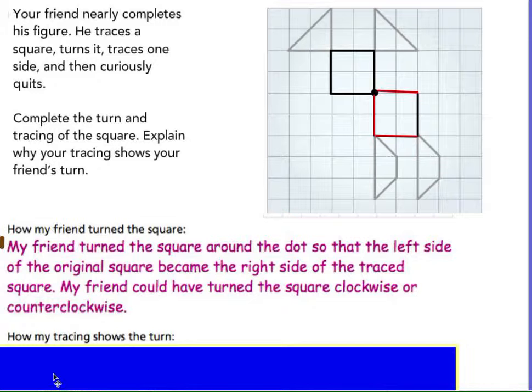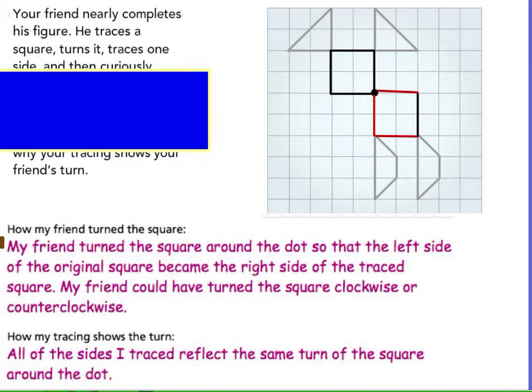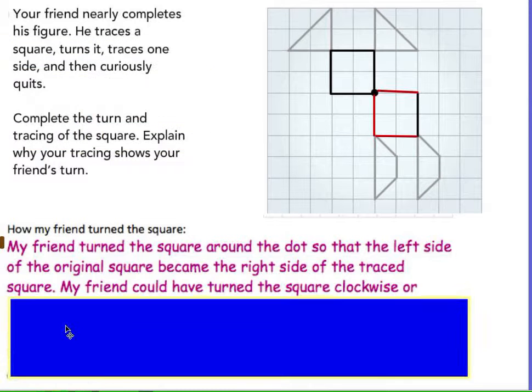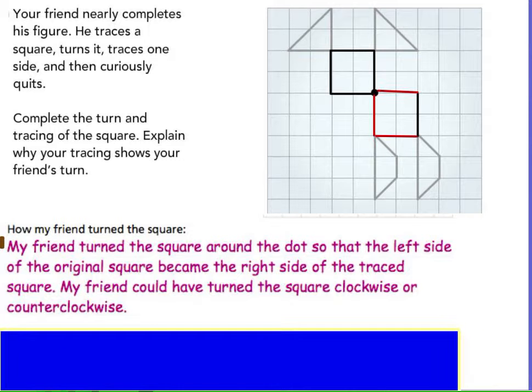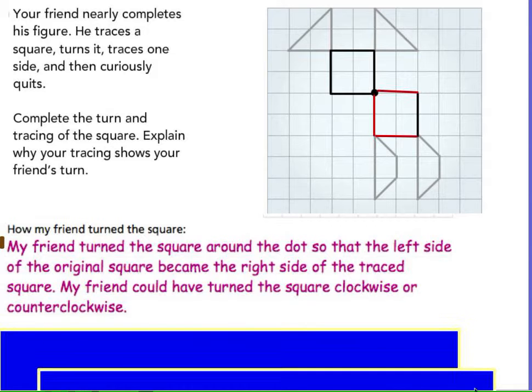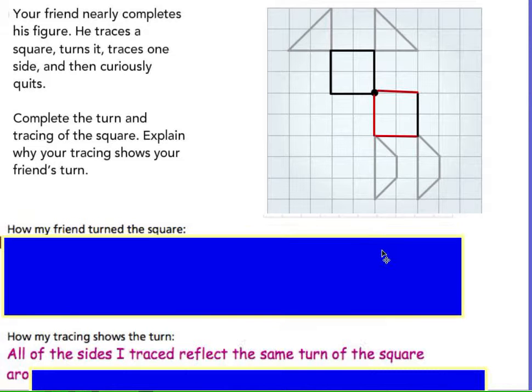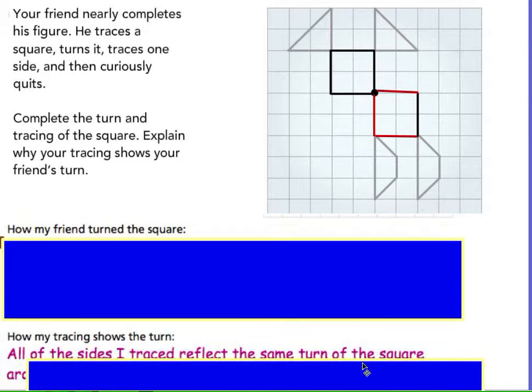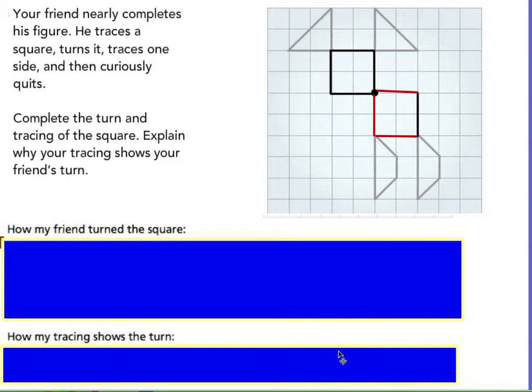How my tracing shows the turn: all the sides I trace reflect the same turn of the square around the dot. Remember, the dot is the center of rotation. It will never, ever move. Your figure will move around it.